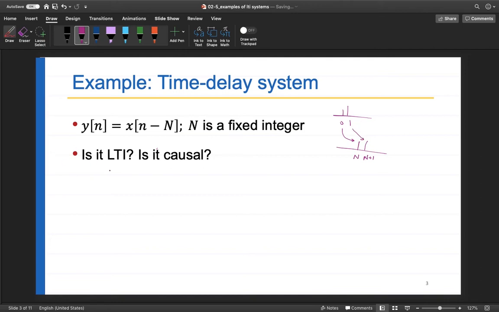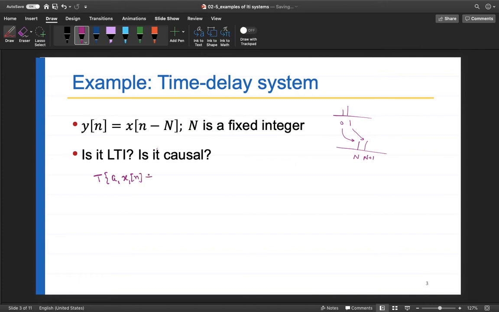So is it linear time invariant? Okay, how do we check for linearity first? So let us go to the basic definition of linearity. The basic definition of linearity is that any transformation of, so let us say we have two sequences, x1 of n and x2 of n.